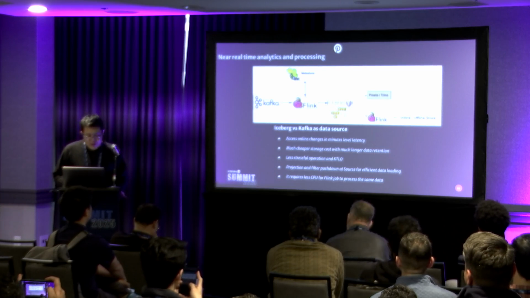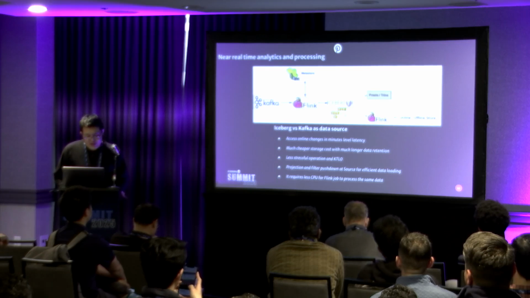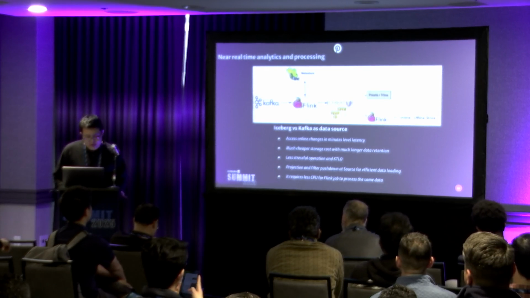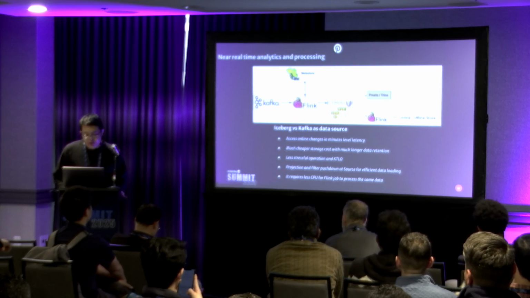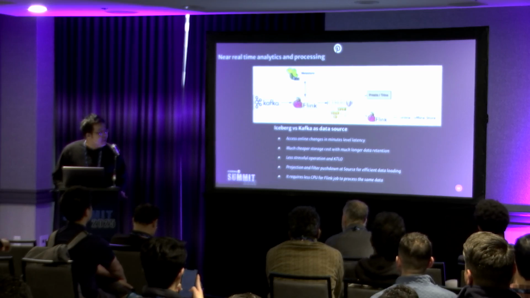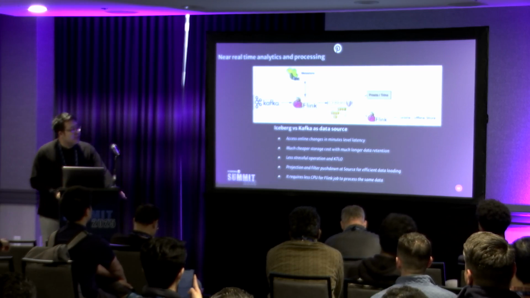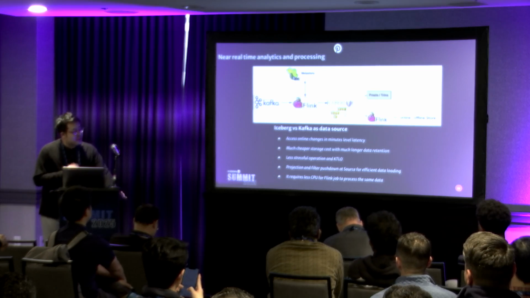Also, when we use Iceberg as a data source, we have much cheaper storage cost and much longer data retention. It becomes less stressful to operate the data pipelines, because for Kafka you don't have a lot of retention, so you have to make sure your pipeline always has very low processing lag.